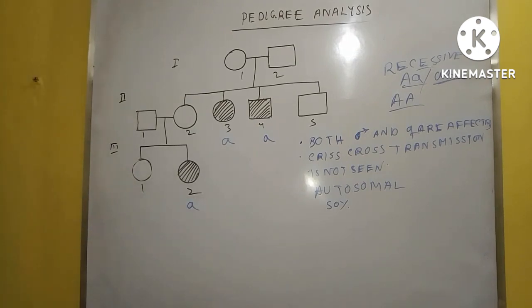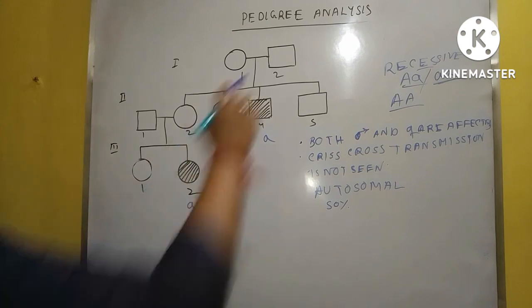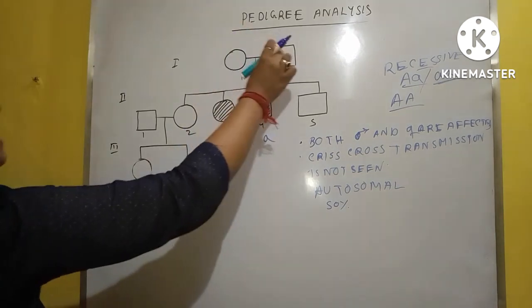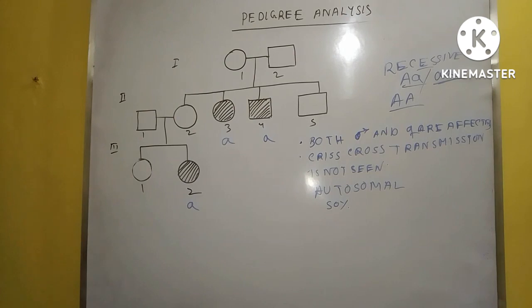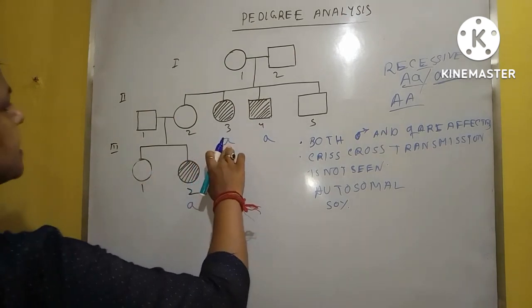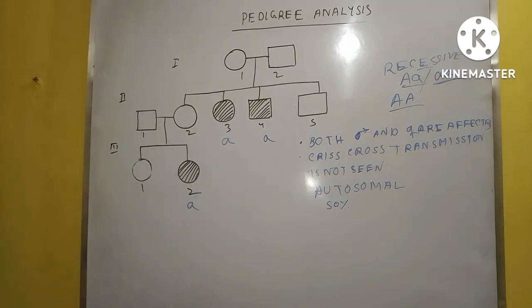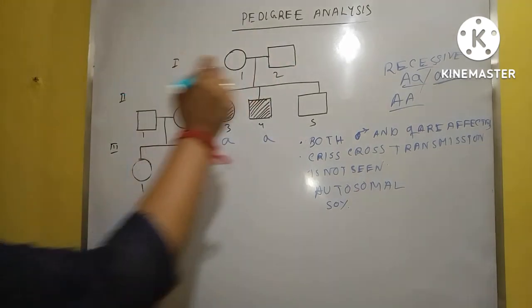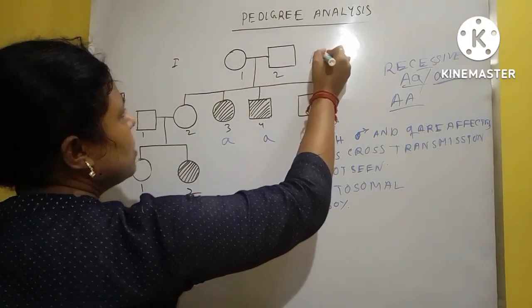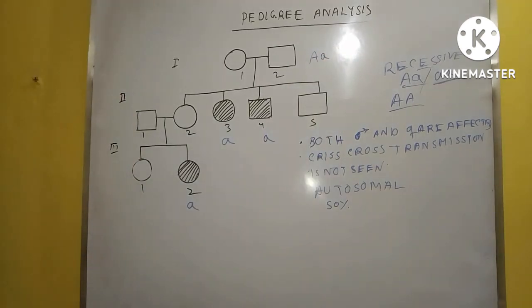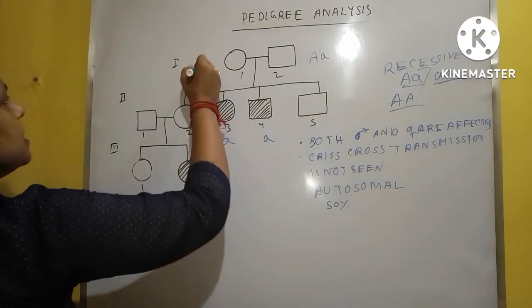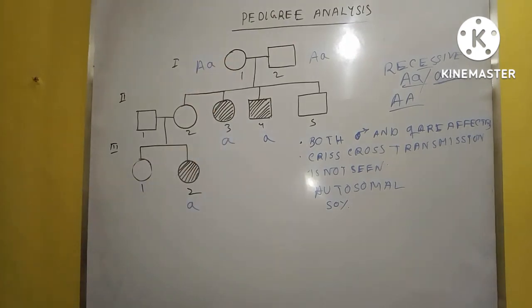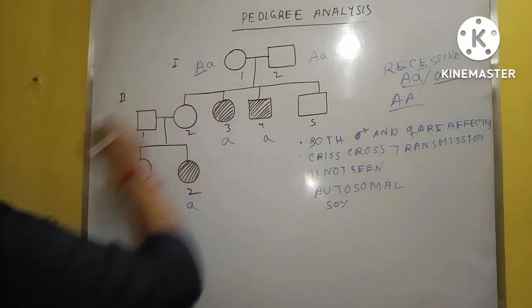Suppose here the male is the father and here the mother. If the father is Aa, with one small a, then the mother is also obviously capital A small a.